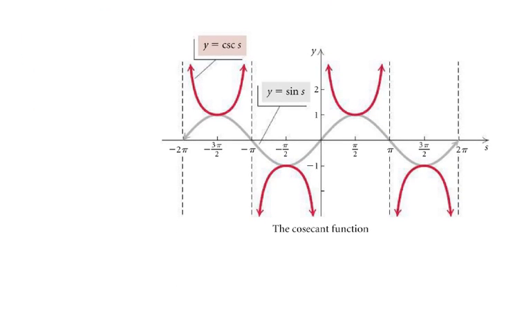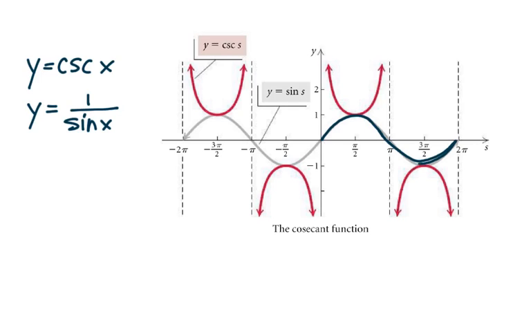So the last piece on this page, we're going to talk about cosecant being reciprocal to sine. So y equals cosecant x. If I wanted to graph that in my calculator, I would need to type 1 over sine of x. So again, I see that sine curve from 0 to 2 pi.